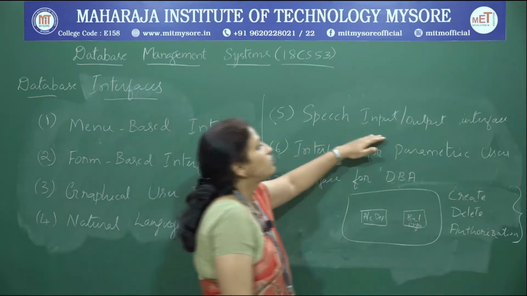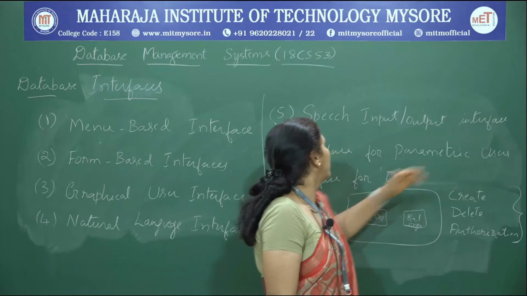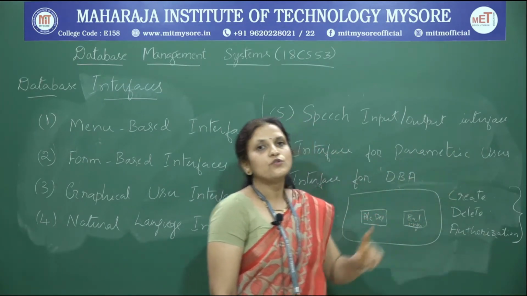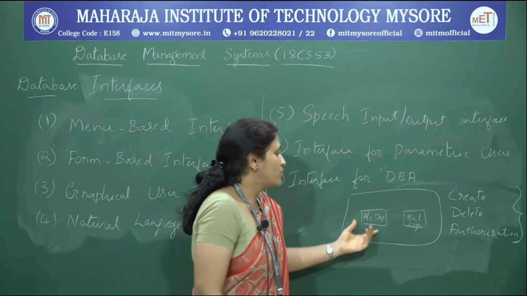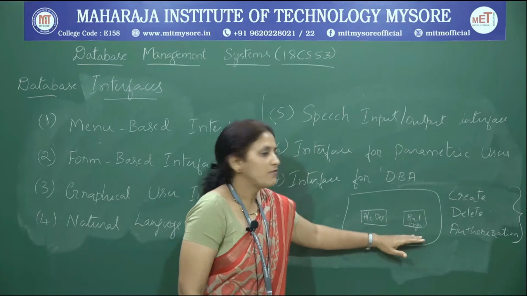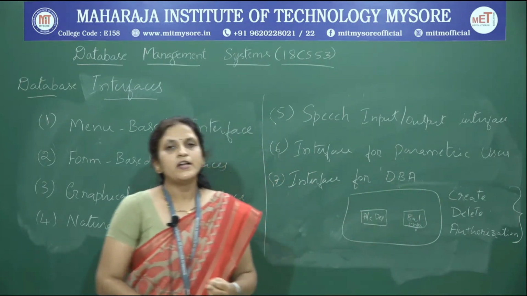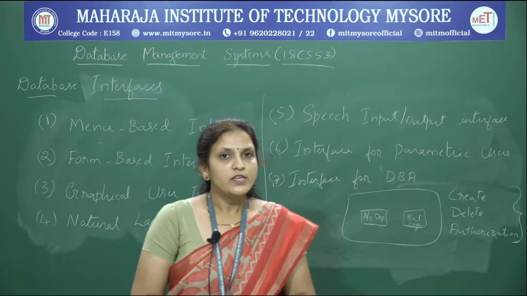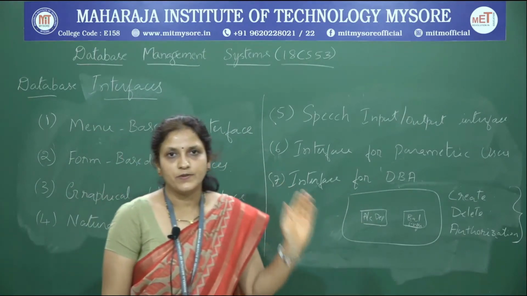Next comes the speech input output interface, where speech is considered as input. Then the interface designed for the parametric user, who is going to make use of the same query repeated times. So, this kind of interface will be designed for him. And then the interface for the database administrator, where separate privileges will be provided. So, this concludes our topic, that is database interfaces.